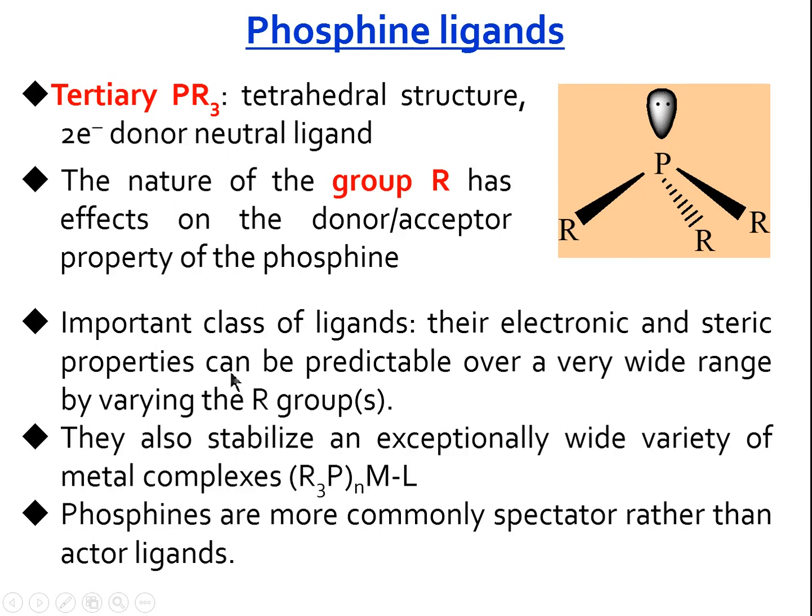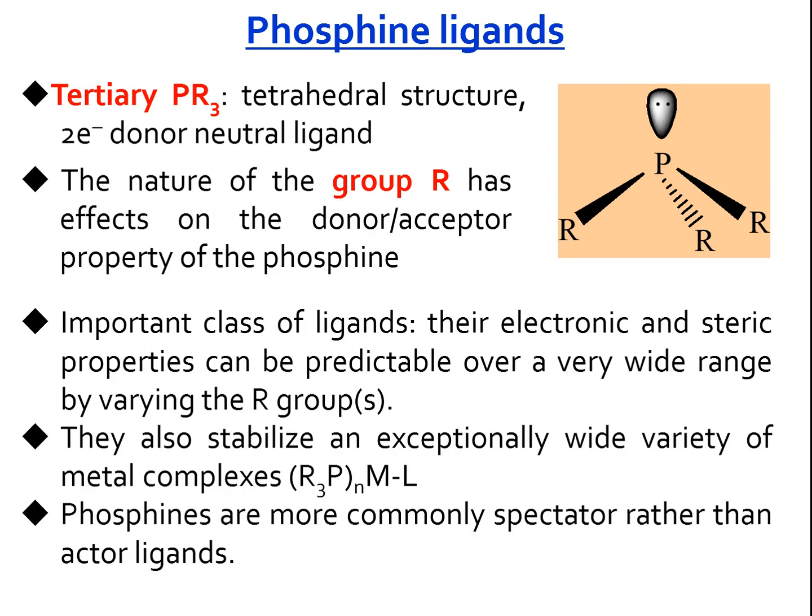Their electronic and steric properties can be predicted over a very wide range by varying the R groups. Phosphine is one of the most important ligands in organometallic chemistry because phosphine is a moderate donor, so it can be bound to the metal then released.